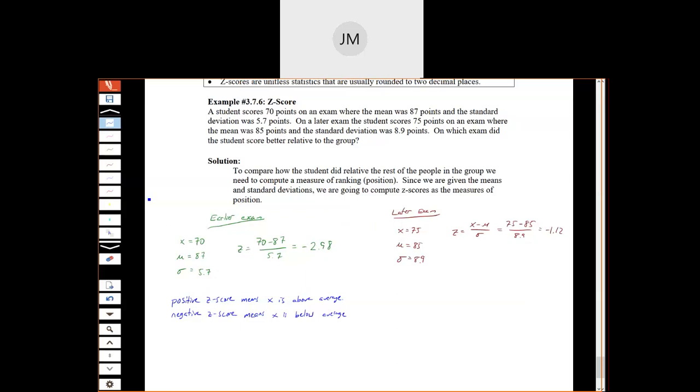So if I were to interpret these z-scores, the first exam score was 2.98 standard deviations below average.